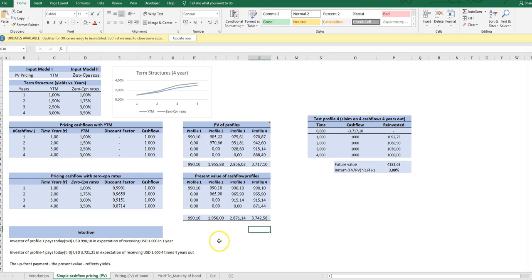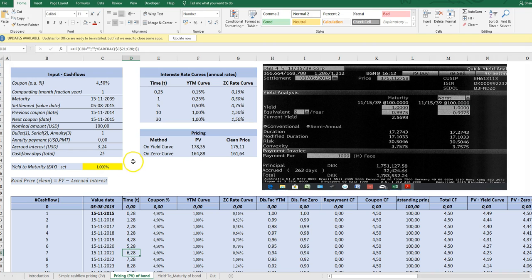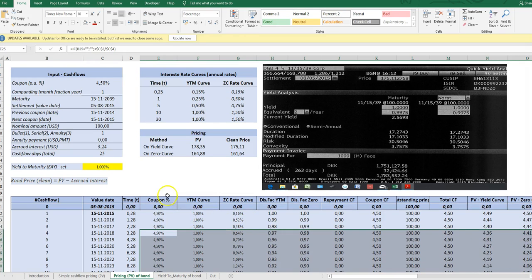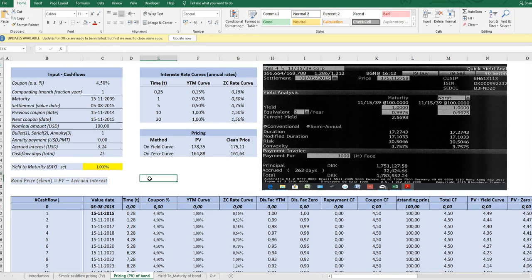Alright, so now we should be equipped to take a step further, going into the price of a bond. And this sheet looks a little bit dramatic, but it's actually very simple. First, you have to note that it's generic, so you can type in any characteristic of the bond you like, and the total cash flow will come up here, and all pricing will be done exactly. So that goes to US bonds, European bonds with different compoundings and so on.